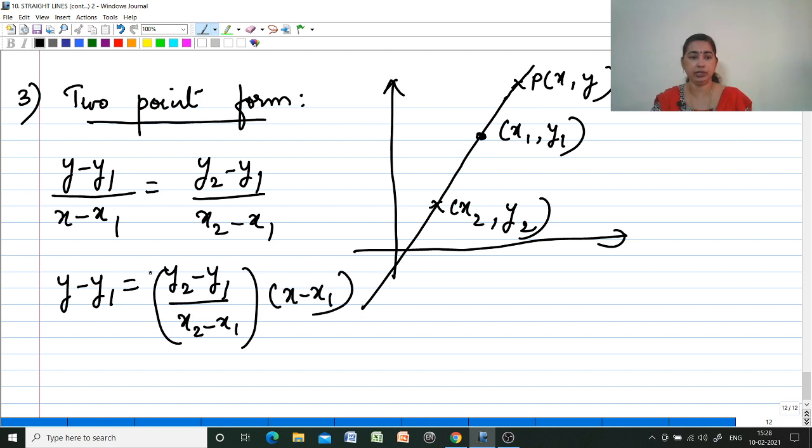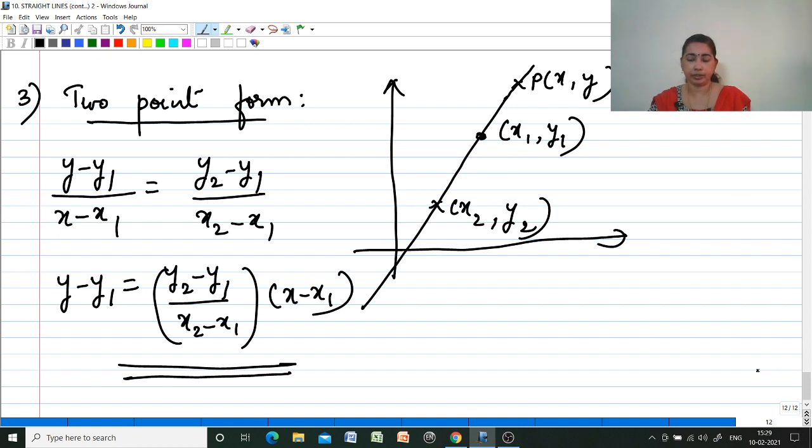That's why we are cross multiplying; this x minus x1 you can take to the other side. So this is the equation if 2 points on the line are given. This is the way in which you can find the equation of the line if 2 points are on the straight line.